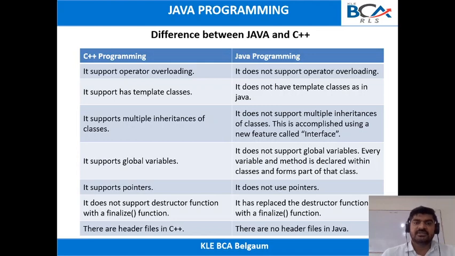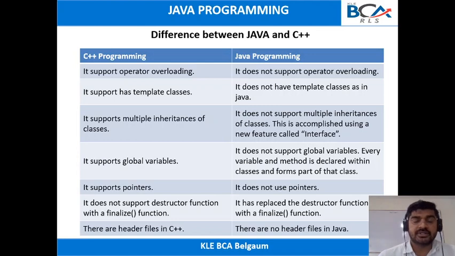Next you will see the difference between Java and C++. In the first column we have C++, in the next column we have Java. The first difference is C++ programming supports operator overloading. Java programming does not support operator overloading.